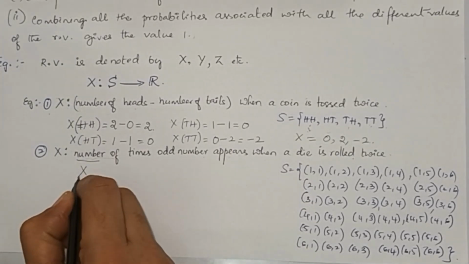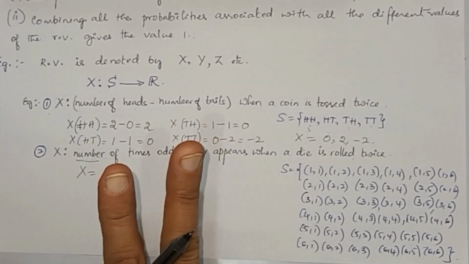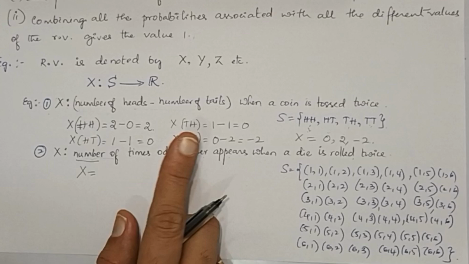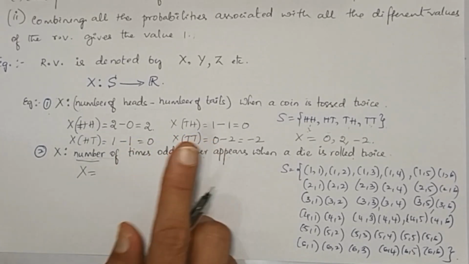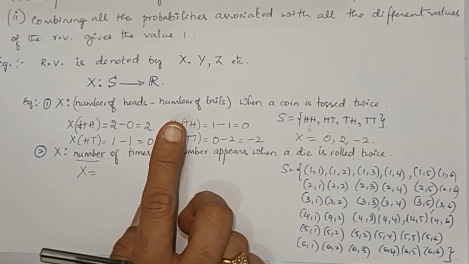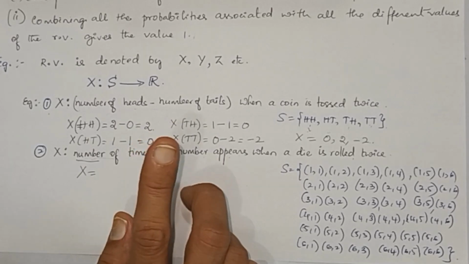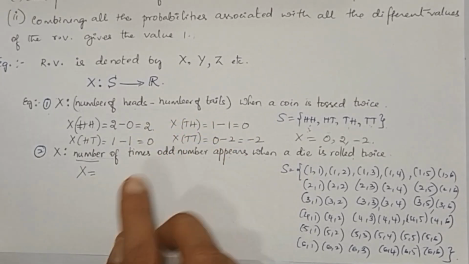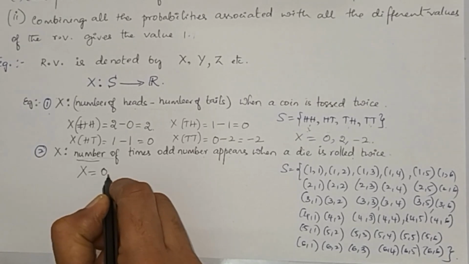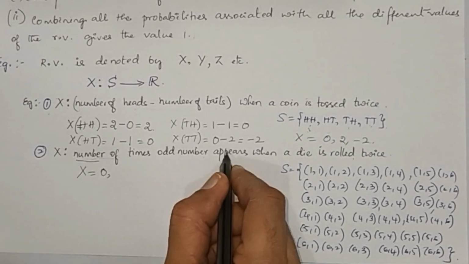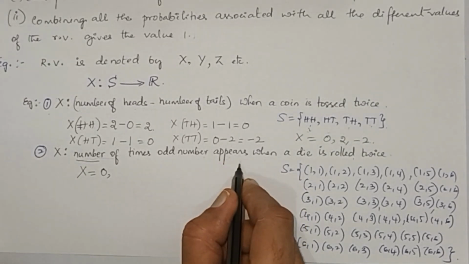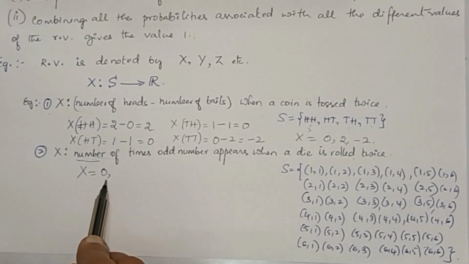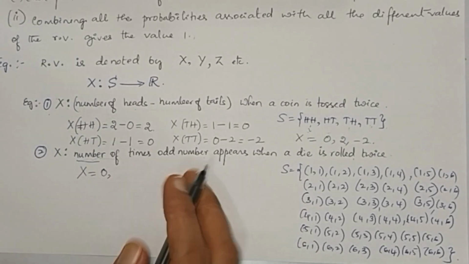So X equal to, when you roll a die twice, there may be an odd number on both dice. There may be one odd number. There may be no odd number, both may be even numbers. So X equal to 0 means the number of times an odd number appears is zero. Sometimes there is no odd number, so X takes 0.